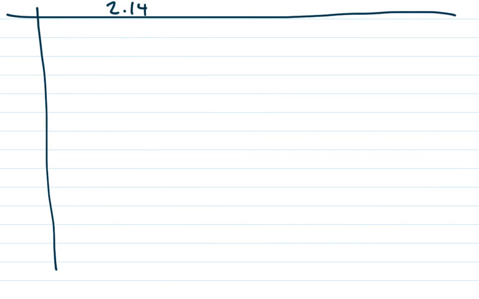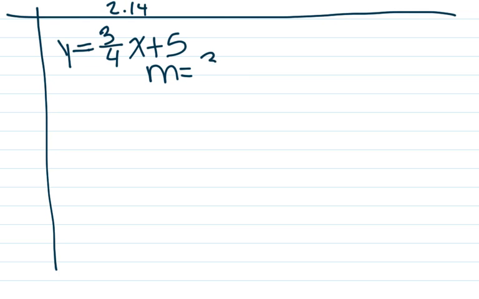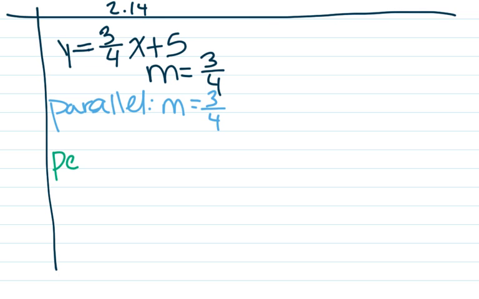Let's do another one. If I have y equals 3/4 x plus 5, the slope of that line is 3/4. Parallel is the same, so m equals 3/4. For perpendicular, we change the sign to a negative and then flip the fraction to be -4/3.